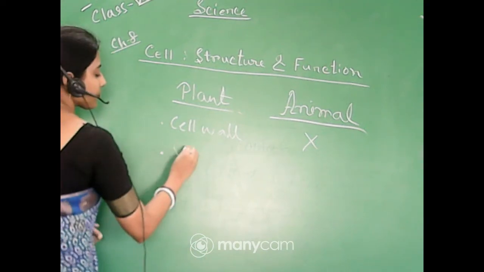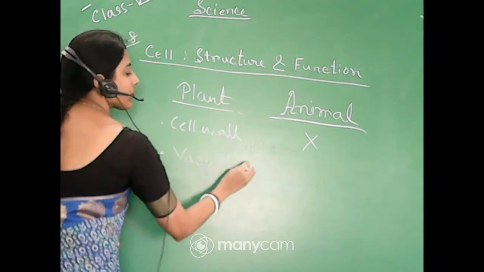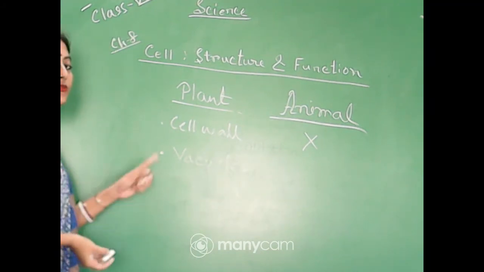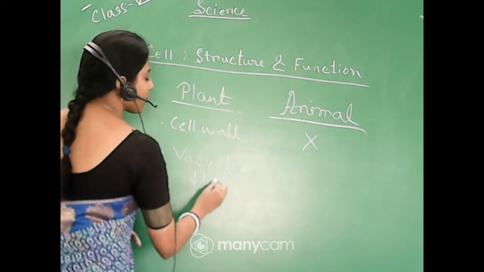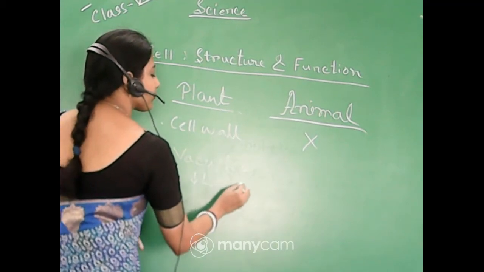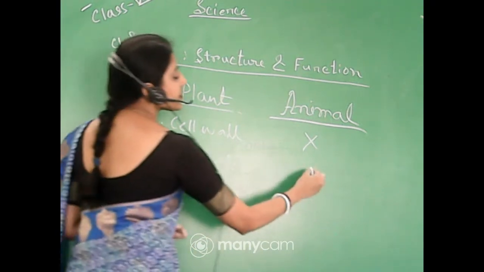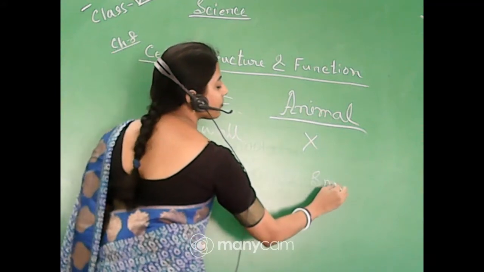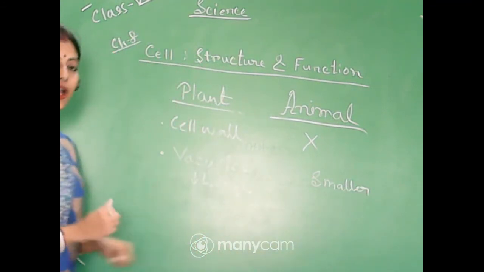So the size of the vacuole is large in plants and small in animals.